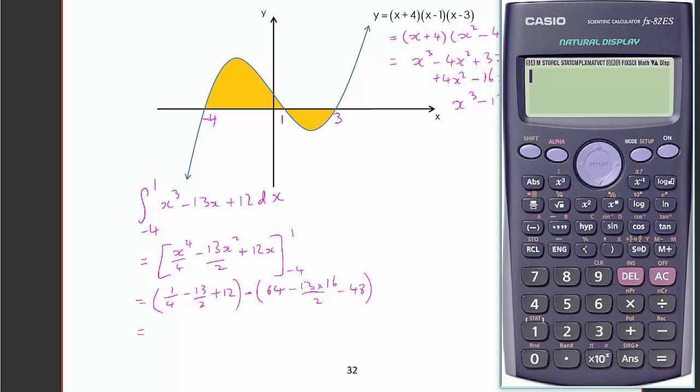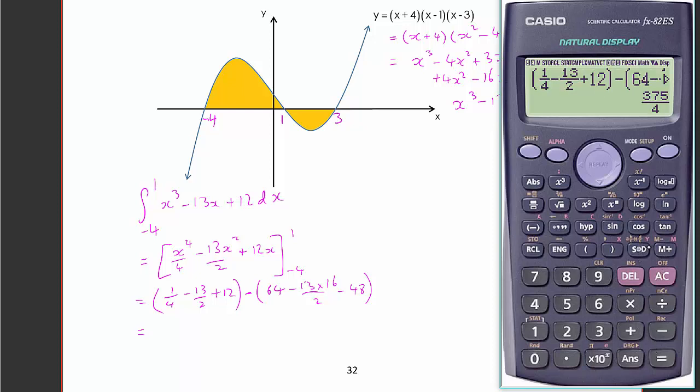So in the first bracket, I have 1/4, take away 13 over 2, add 12, and then in the second bracket, I have 64, take away 13 times 16 divided by 2, take away 48.